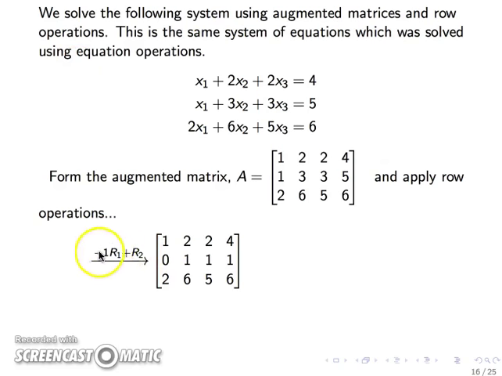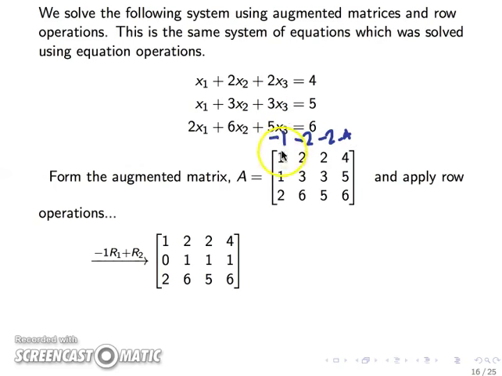And so what we do first is apply this operation that says we're going to multiply row 1 by -1 and add that to row 2. Multiply row 1 by -1. By doing that, we get -1, -2, -2, and -4.